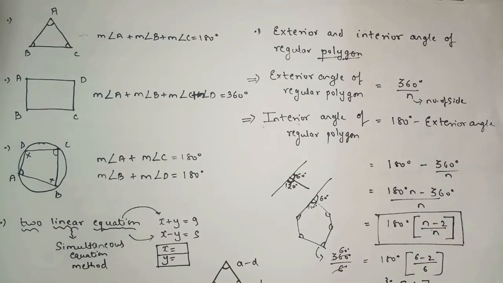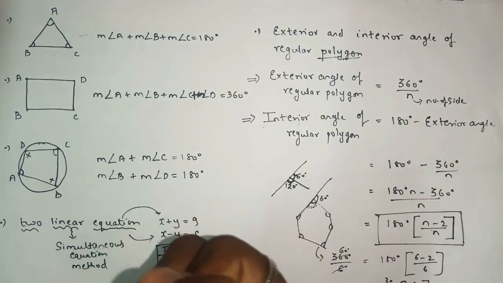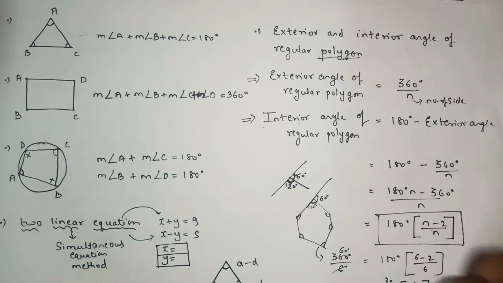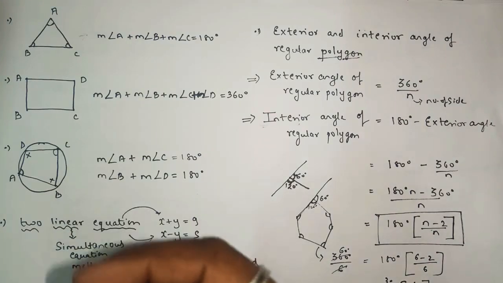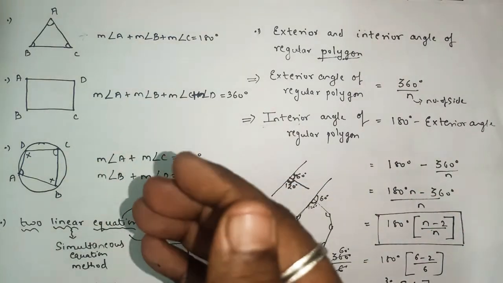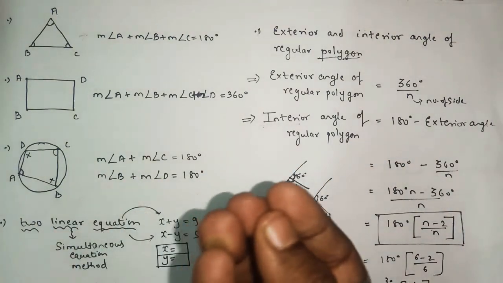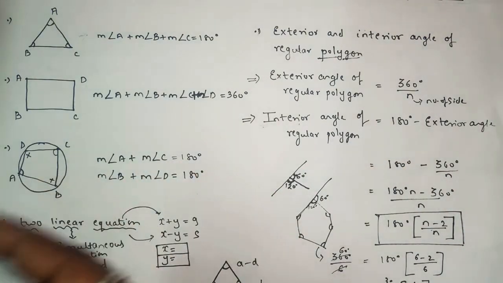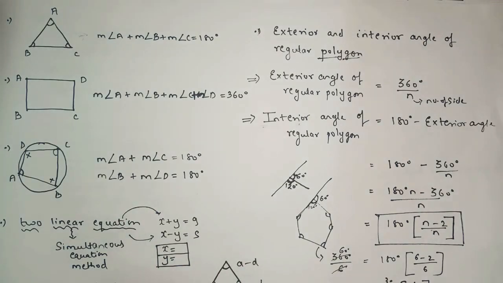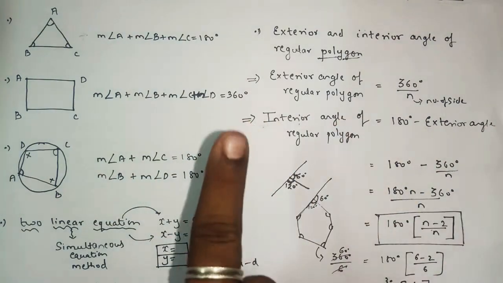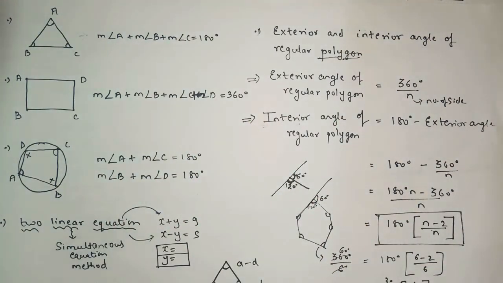So now we'll move on to the next concept, how to find the exterior and the interior angle of the regular polygon. As I told, polygon means what? Having many sides. So whenever we have to find the answer for more than four sides like pentagon, hexagon, septagon, octagon, for those shapes we'll see how to find the exterior and the interior angle.